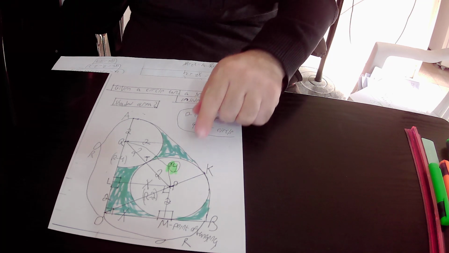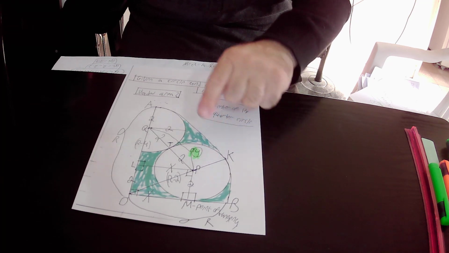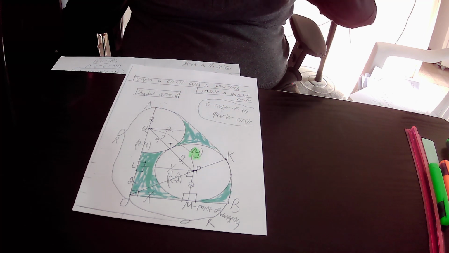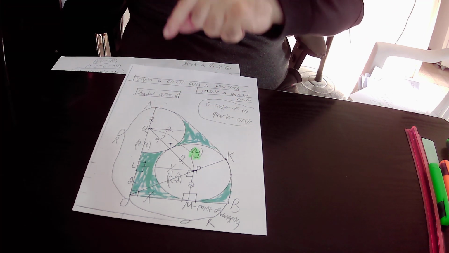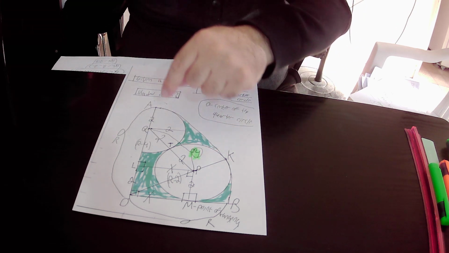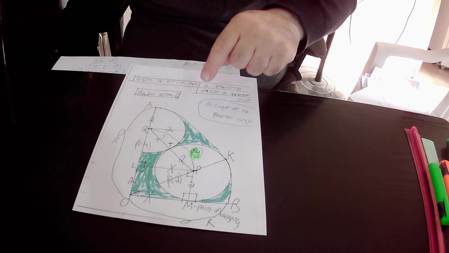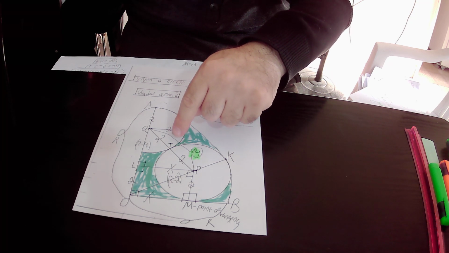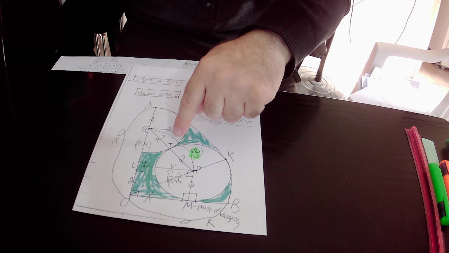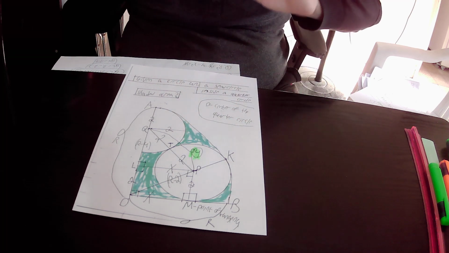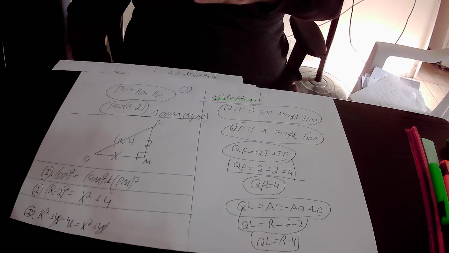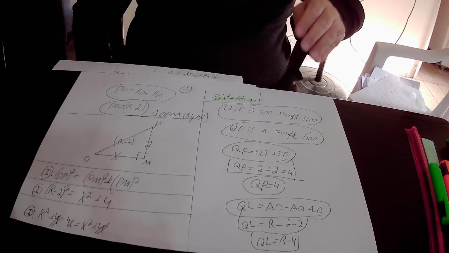So here, point P is the center of the circle. Point Q is the center of the semicircle, and the straight line that joins their centers together is the straight line QP. And that straight line QP must pass through their touching point, that is point T. So if the straight line QP must pass through point T, it means that QTP is one straight line.